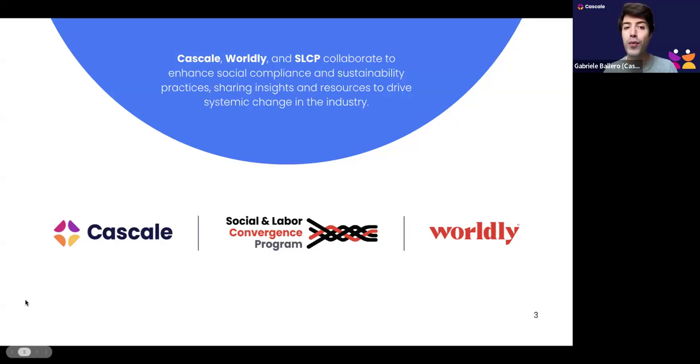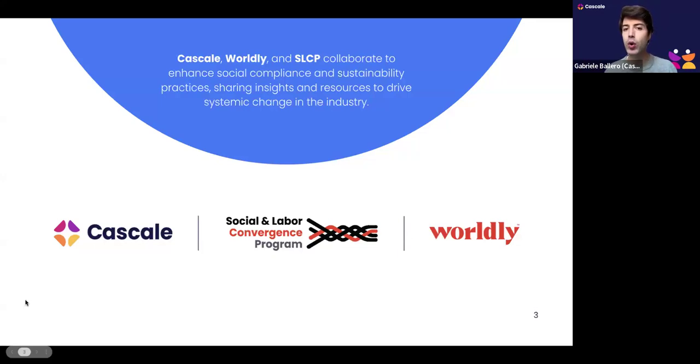Finally, the Social and Labor Convergence Program, or SLCP, is a multi-stakeholder initiative driving decent work in global supply chains. SLCP's universal social assessment tool, the Converged Assessment Framework, or CAF, is the backbone of Cascale's Higg FSLM and provides credible and actionable data, enabling stakeholders to redirect resources towards meaningful improvements.